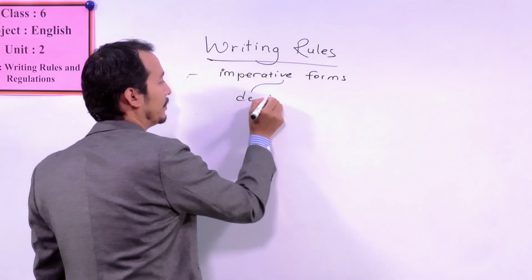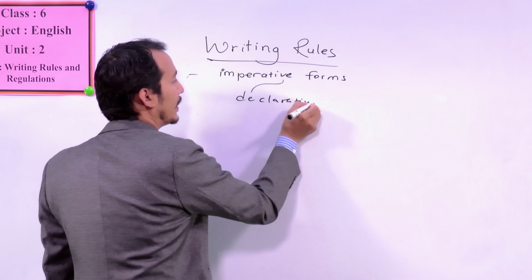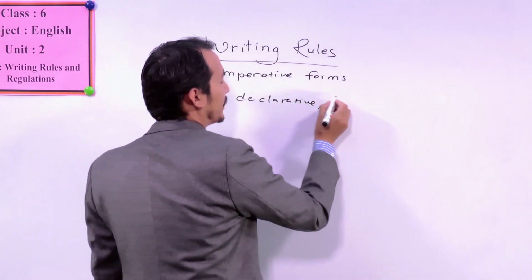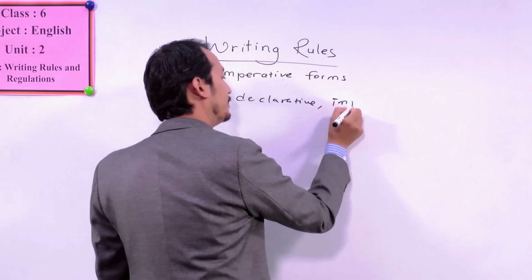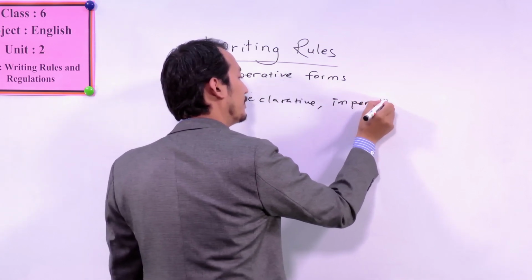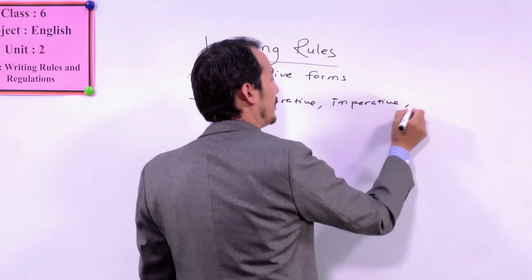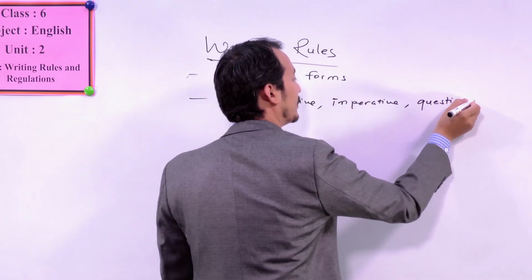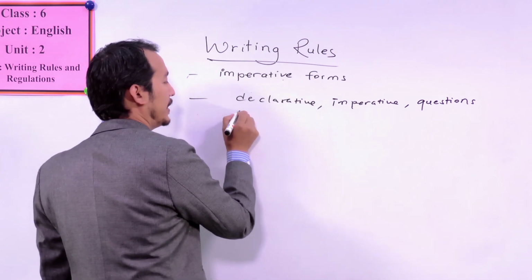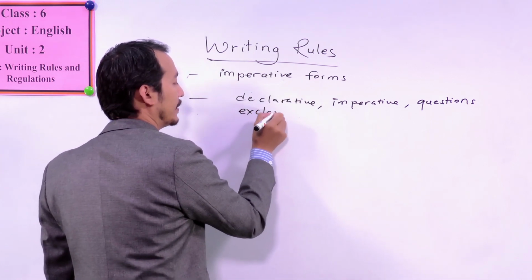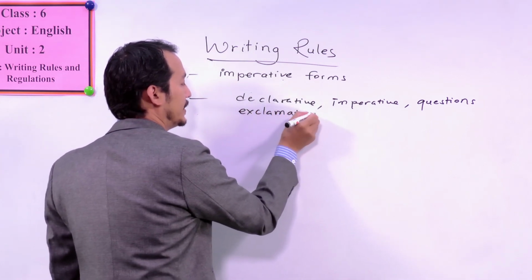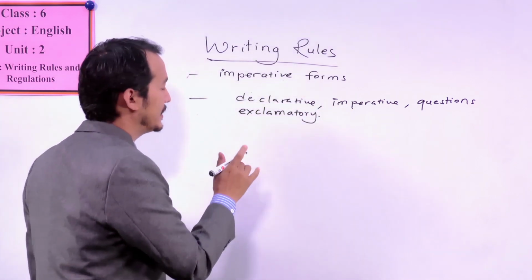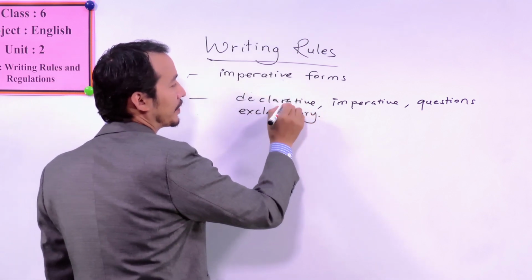Declarative. The sentence types are declarative, imperative, questions or interrogative, and another one is exclamatory sentences. Okay, students? So we have 4 types of sentences.